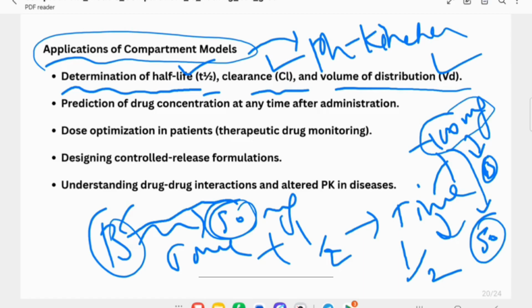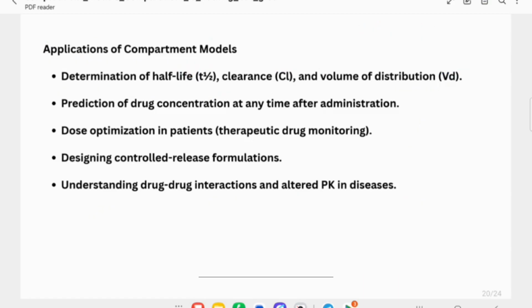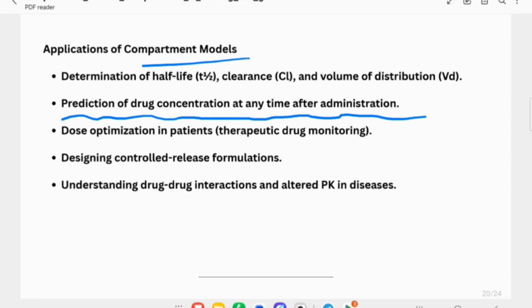It is also used for the prediction of drug concentration at any time after the administration. So by using these compartment models, we can predict the drug concentration at any time after administration.